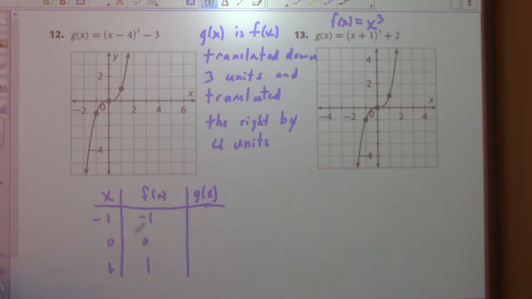So for this one here, we're going to have to change our x location, aren't we? Because we're going to have to change everything, aren't we? So if we take this -1, which is our x value, and we're translating to the right by 4 units, how do we translate -1 to the right by 4 units?